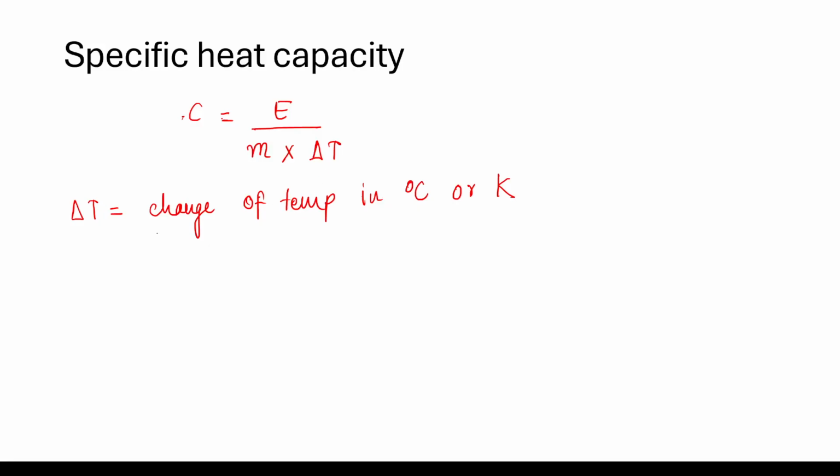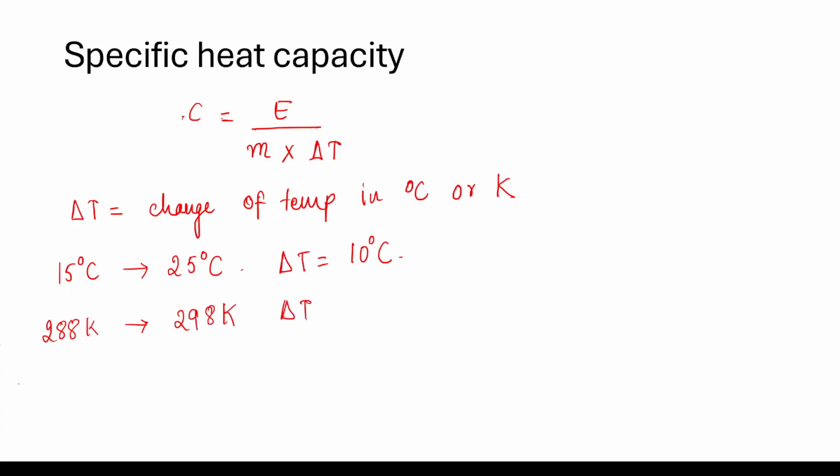I'll explain how. Imagine a temperature of 15 degrees Celsius changes to 25 degrees Celsius. So what's the change in Celsius? 10. But if I convert this into Kelvin, 15 plus 273 is 288 Kelvin, which changes to 298 Kelvin.